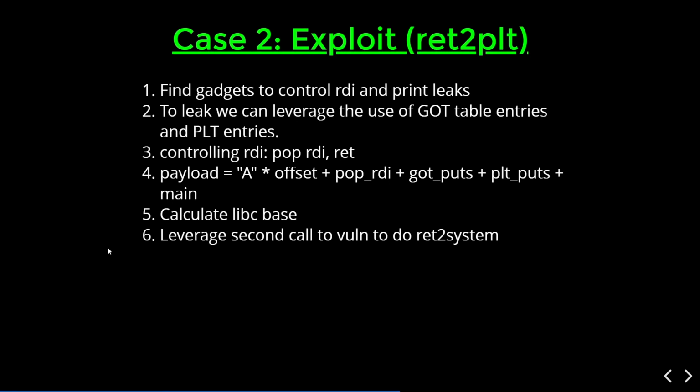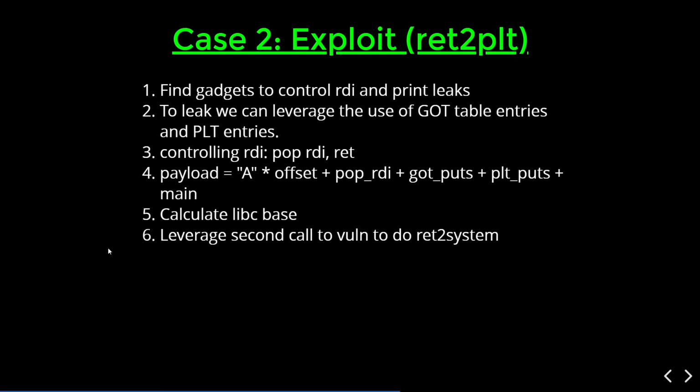This kind of summarizes how it works. We first need to find gadgets to control RDI, which are easy to find using Ropper. In this program, though, we need to print the leaks and then use those leaks to find the libc offsets that we need. To get the leaks, we use the GOT table and PLT table entries.